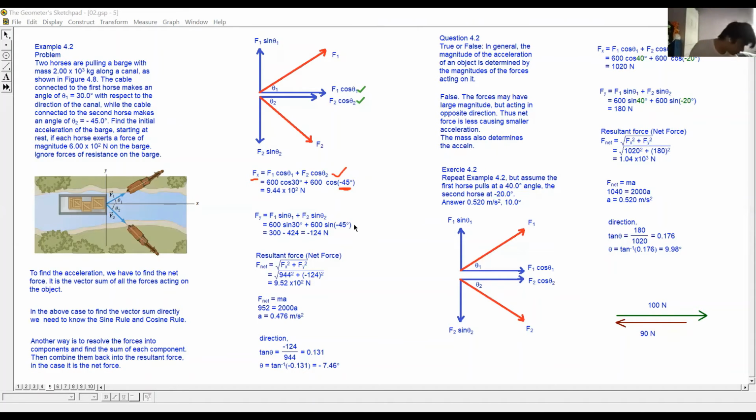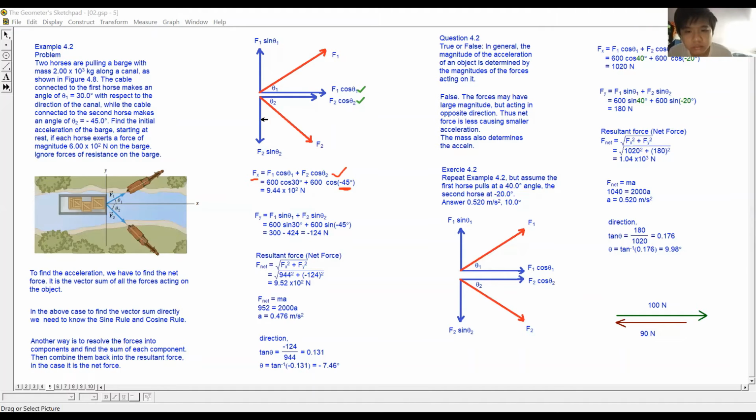Okay, so we carry on. This 9.44 times 10 to the power 2 is actually the horizontal component of the resultant force. So we proceed to find the vertical component.